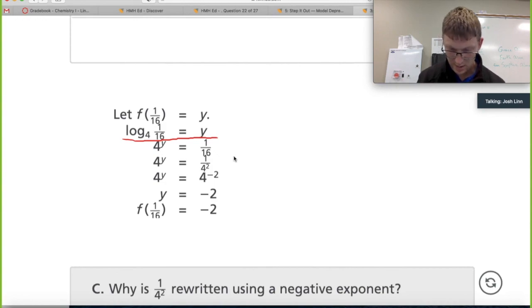So then when we convert that into an exponent, log base 4, and then your y turns into your exponent, 4^y equals 1 over 16.